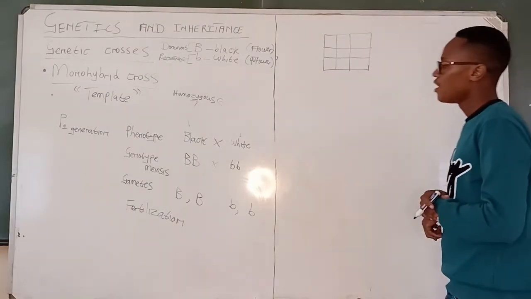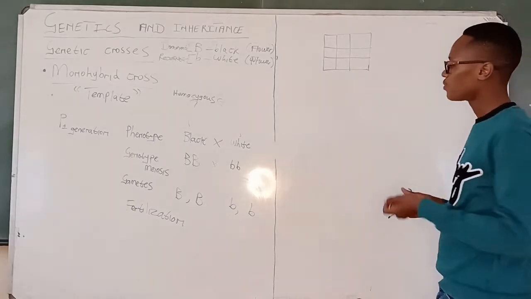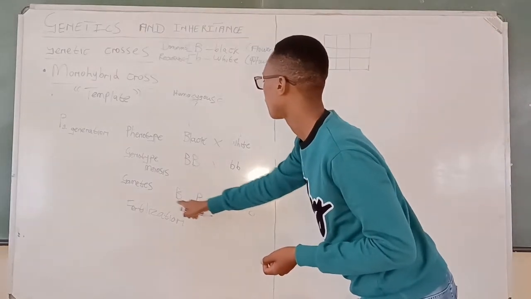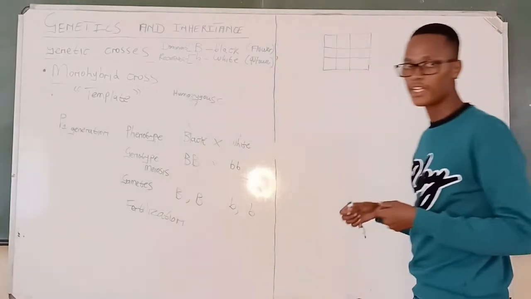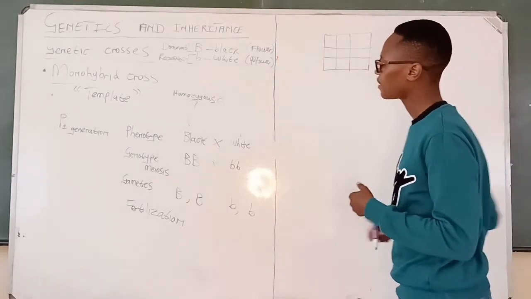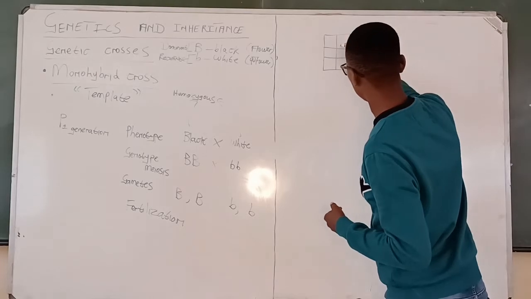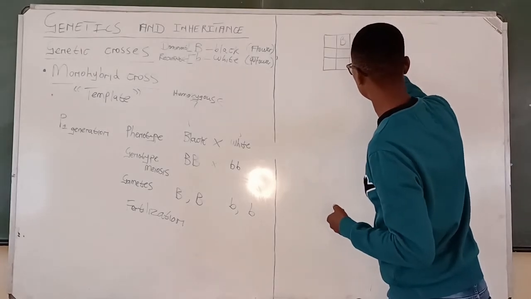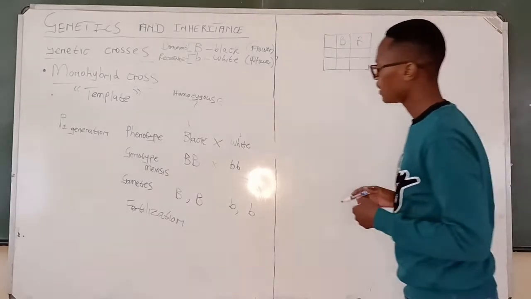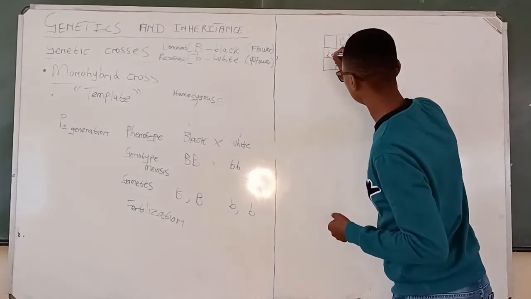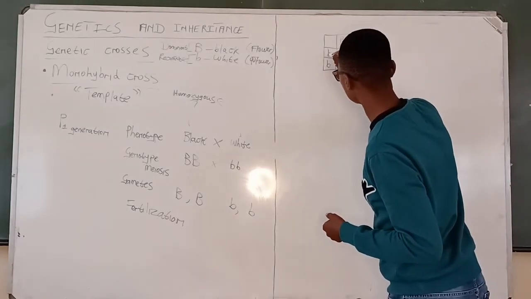In my Punnett square, I'm going to start with these two gametes formed by the black parent, or black flower. I'm going to put them at the top here. I'm going to bring this B here, and this B here, and these two I'm going to bring here, small b's.